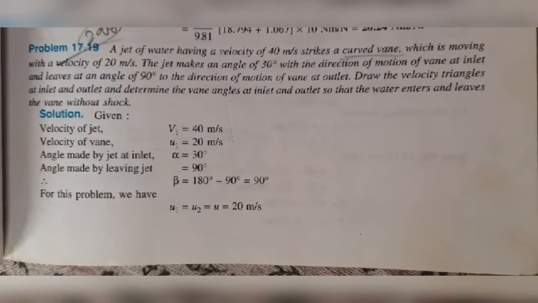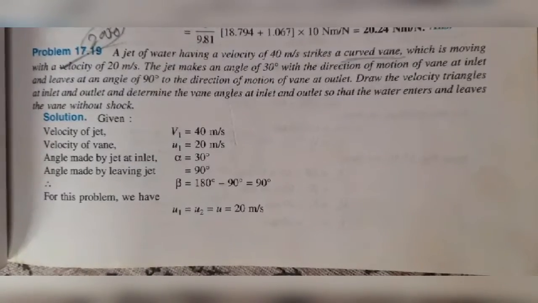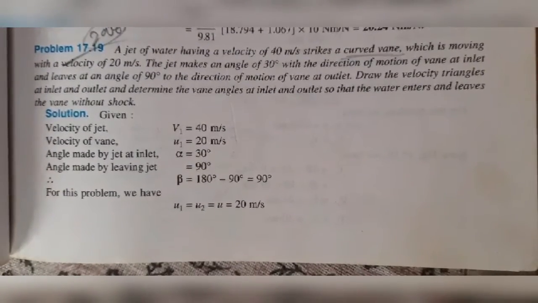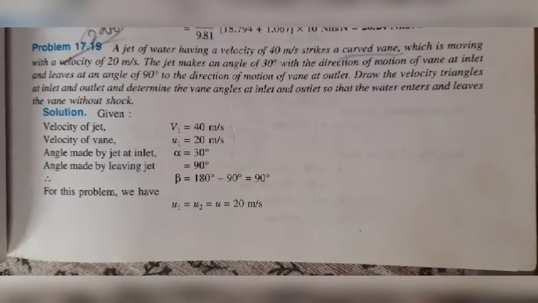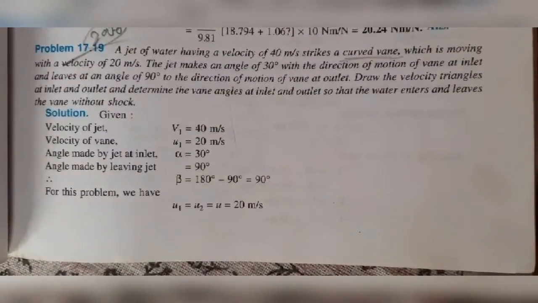Draw the velocity triangle at inlet and outlet and determine the vane angle at inlet and outlet so that the water enters and leaves the vane without shock.